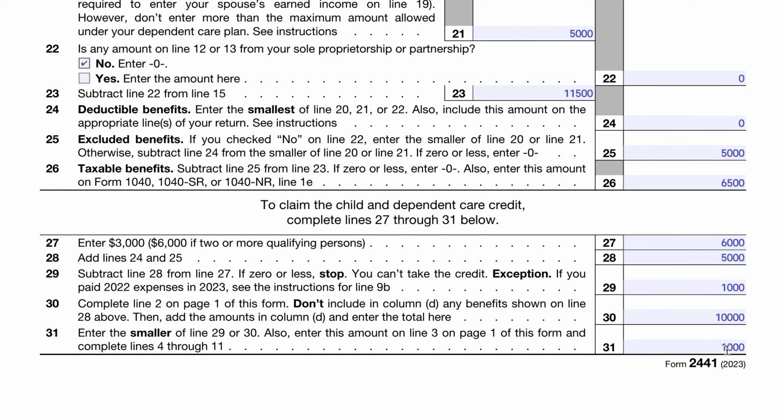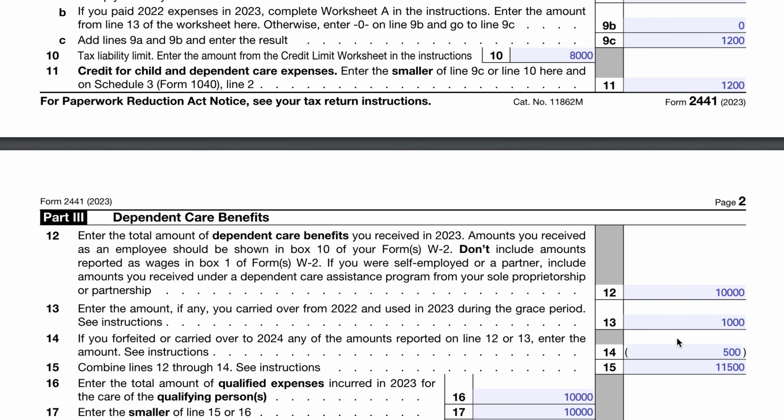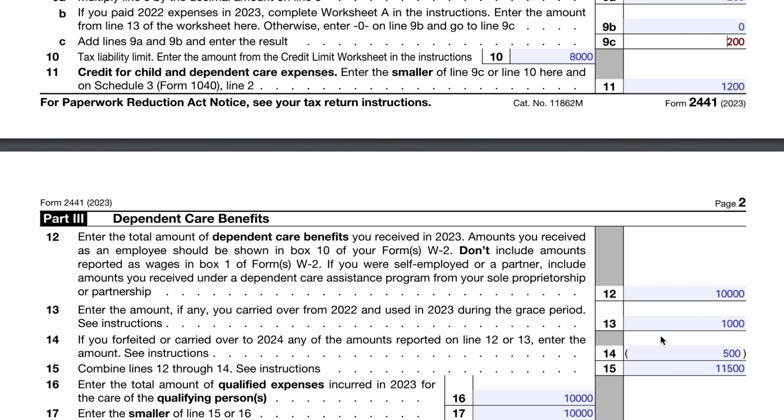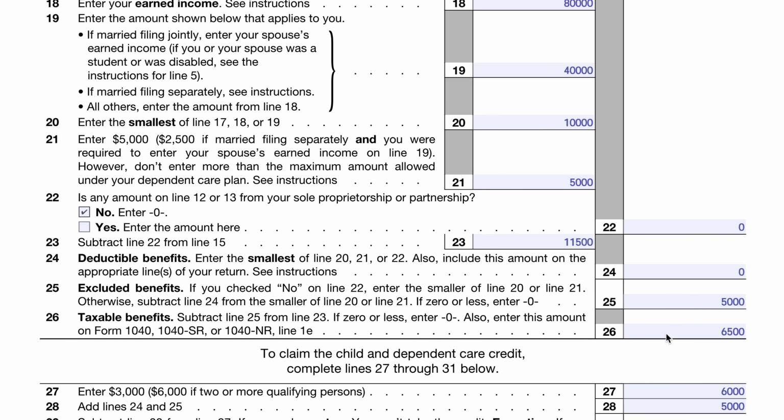So you would enter this on line 3. So you would calculate this based on the $1,000 figure that we calculated here. You would carry this all down here, and basically you're able to take a $200 credit. So that's how you would coordinate the tax credit for the child and dependent care expenses and exclusion of dependent care benefits that were provided by your employer.